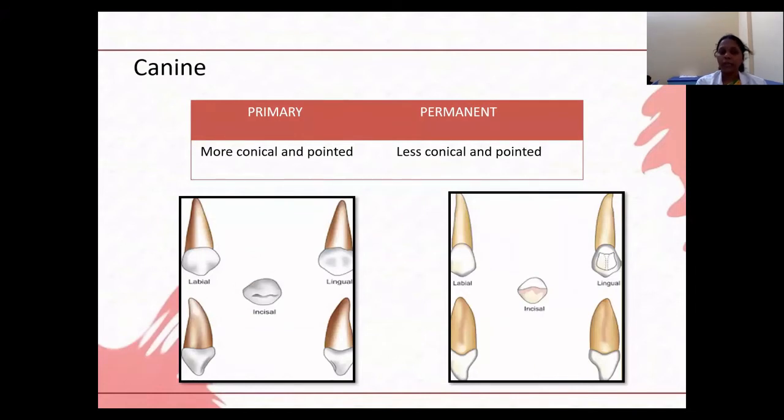And if you are seeing the overall shape of the primary teeth, it will look more conical and pointed, compared to the permanent teeth, which are less conical and pointed. You can appreciate these features in the picture which I have shown below. Here, the primary teeth resemble a cone, but the permanent teeth are less conical.